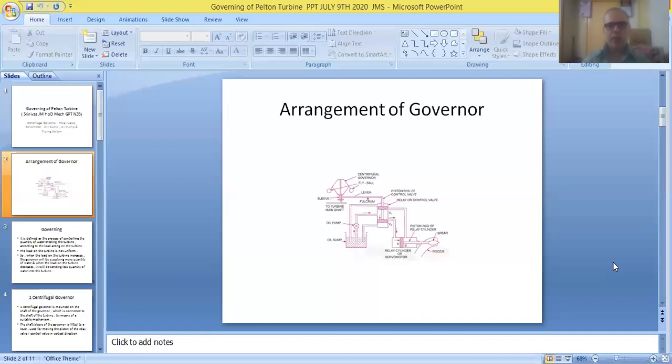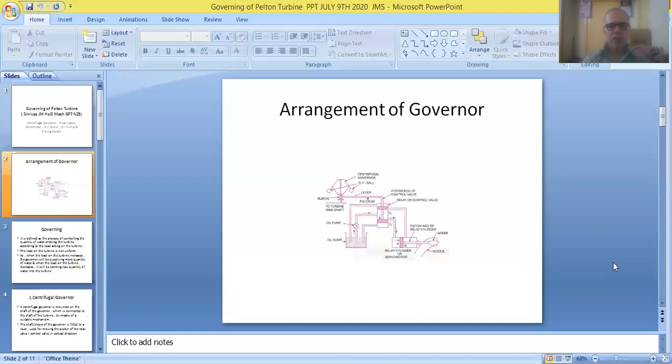Similarly, the piston arranged inside the horizontal cylinder, the servomotor, will be moving in forward and backward directions. And finally, the piston of the servomotor is fitted to a piston rod.